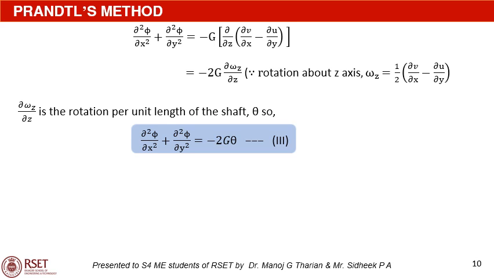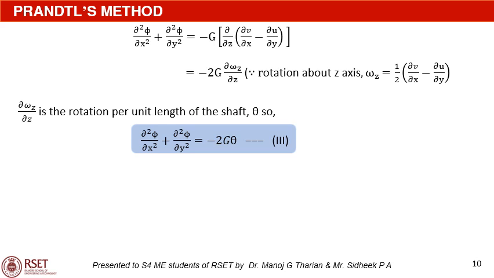While studying the strain displacement equations in module 1, we have studied that the rotation about the z-axis, ωz, is equal to half of (∂v/∂x − ∂u/∂y). So ∂²φ/∂x² + ∂²φ/∂y² = −2G ∂ωz/∂z. Now ∂ωz/∂z is the rotation per unit length of the shaft, which is θ.